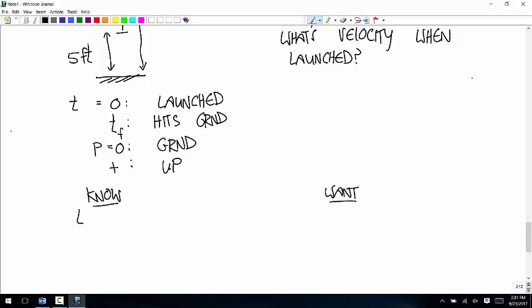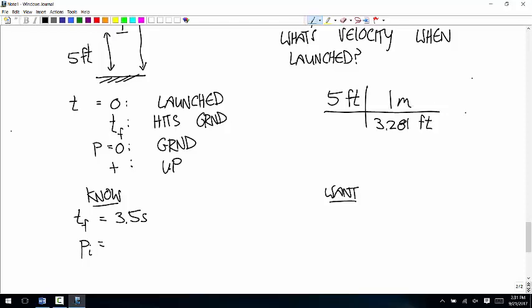Time final, we know, that's 3.5 seconds. P initial we know, but I haven't done that conversion yet. 5 feet. 3.281 feet is 1 meter. So what do you get there? 1.52 meters.